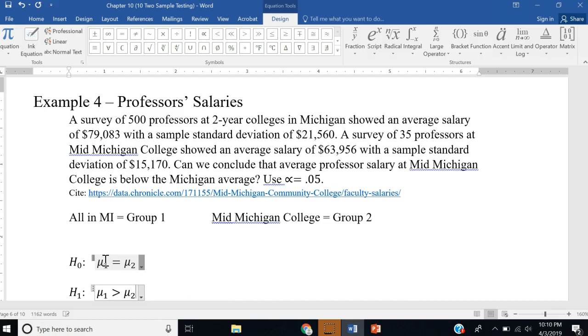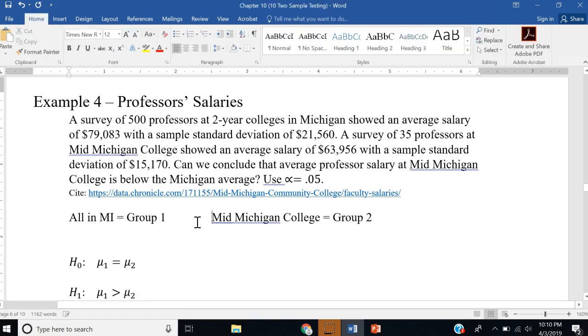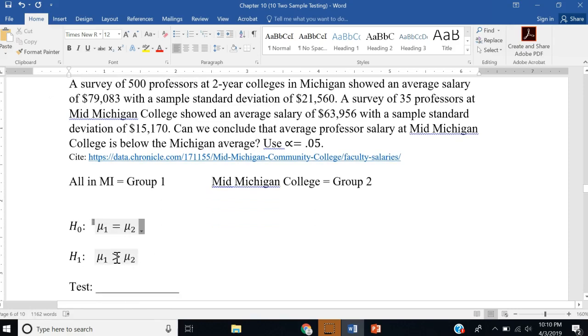Now be careful with this sign here. Can we conclude that the average salary at Mid-Michigan College, that's group 2, is below group 1? So if I'm looking at group 2 being below group 1, I need the symbol to go this way. Now, some people may have switched that.